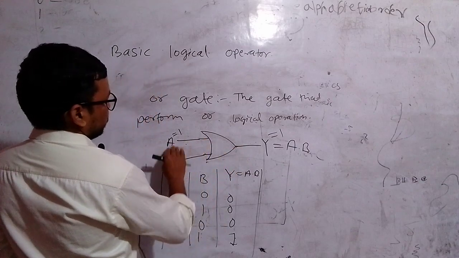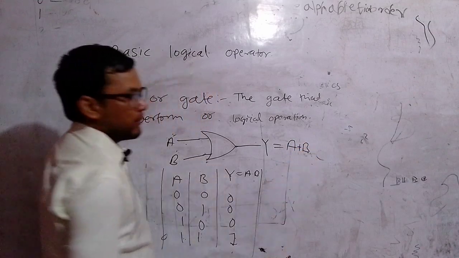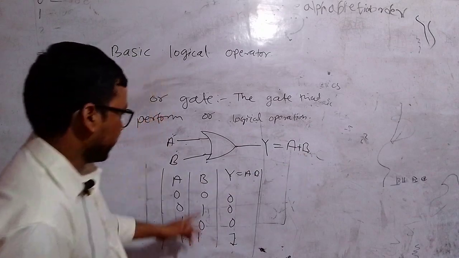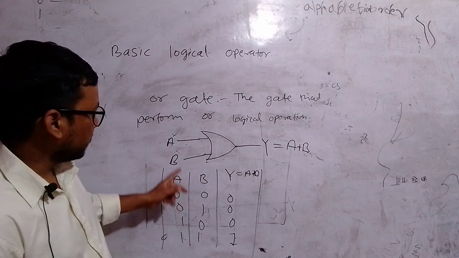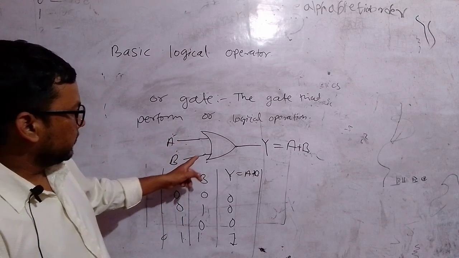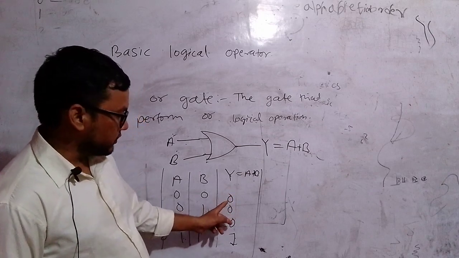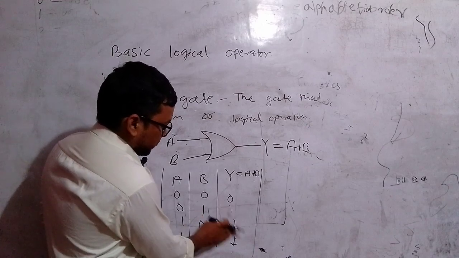This is also a two input OR gate, and OR is represented by the plus sign. The output of the OR gate would be 0 only if all of its inputs are 0, otherwise it produces 1.